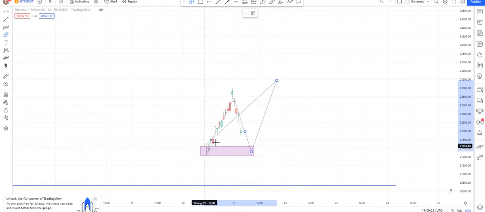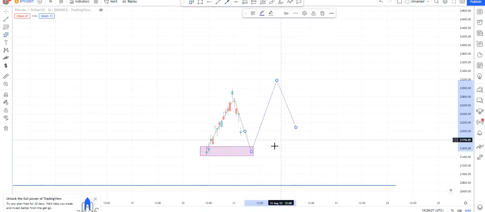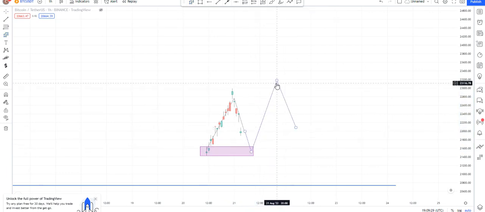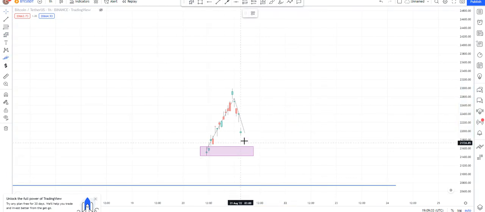The new order block will be the one that forms down here. Sorry, mistake. This thing is not doing what I wanted it to do.